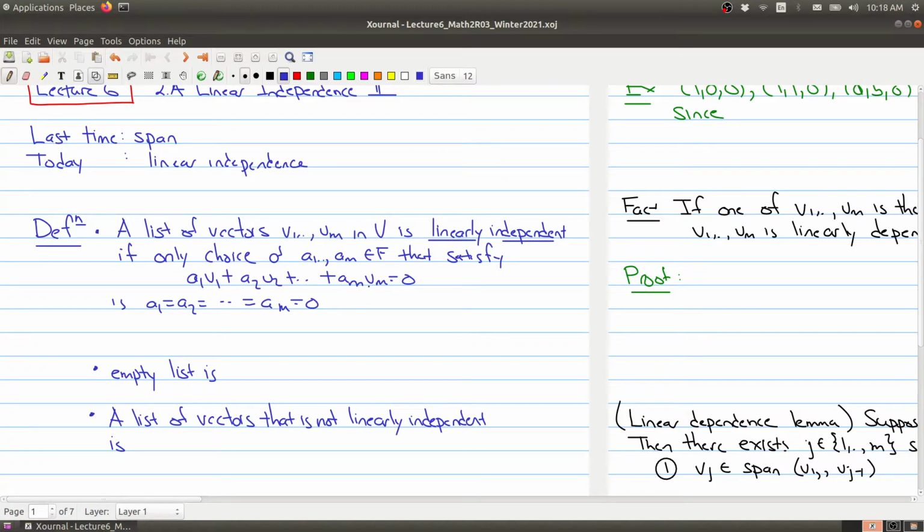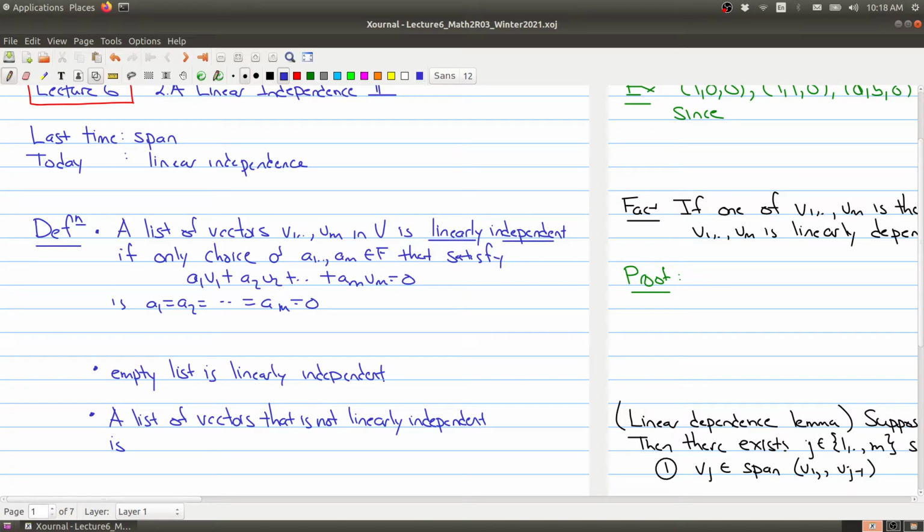So the only combination that allows you to make the zero vector is when all the coefficients are 0. A couple things to pay attention to: sometimes we need to talk about the empty list, and the empty list is considered to be linearly independent.